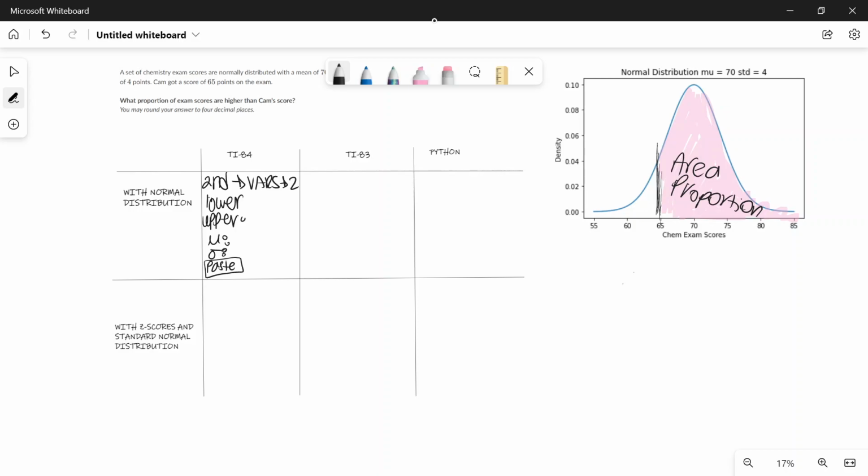Okay, so I'm going to walk you through the TI-83. In your TI-83, you do the same thing. You go to second, vars 2, and the only difference is that it's just going to give you normal CDF, and it's going to look like that, and you're just going to have to know what to put in there. Let me make it a little smaller.